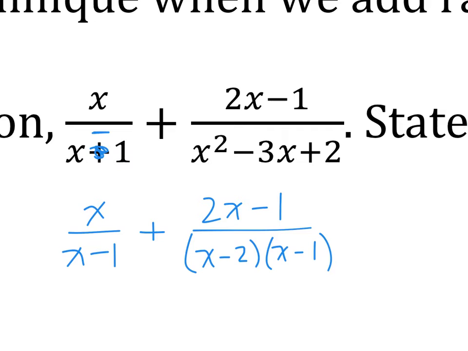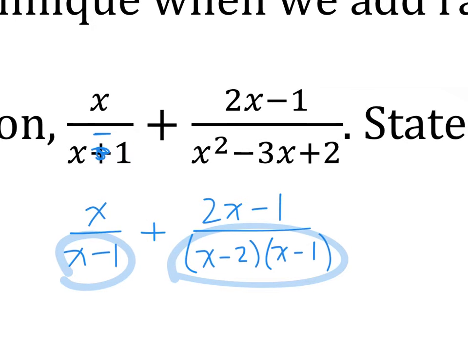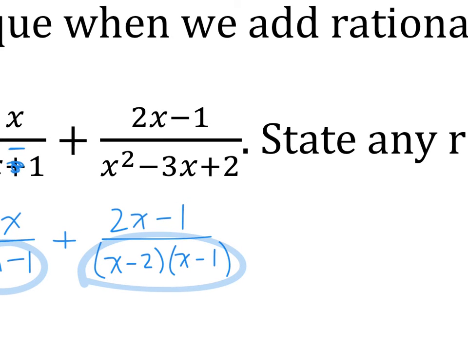Thank you. Now we can see what the factors are. In the first one, you have a denominator of x minus 1. In the second term, you have a factor of x minus 2 and x minus 1. So if you consider both, what is the least common denominator? Yes, x minus 2, x minus 1.